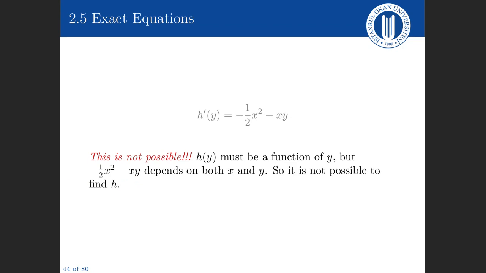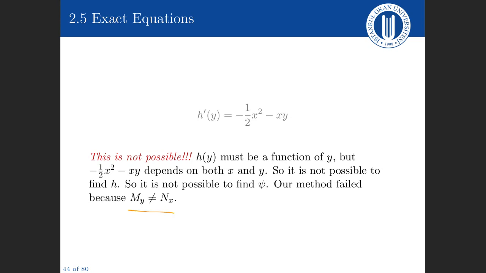Not possible to find h, so it's not possible to find psi. Psi does not exist. So our method failed. Why did our method fail? Our method failed because M_y is not equal to N_x. Our method failed because the differential equation is not exact.